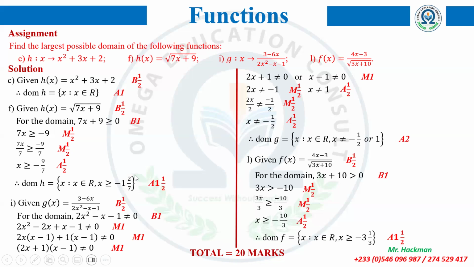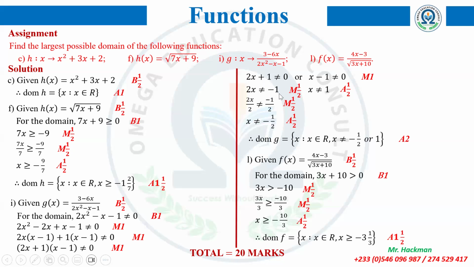At this point, if you are able to set each of the factors not to be equal to 0, then the whole of that will be M1. With this one, you can easily solve for s. You move -1 to this side, and that will give you a half for this one. Now, if you come here with this one, when you move, you won't get your answer straight away.